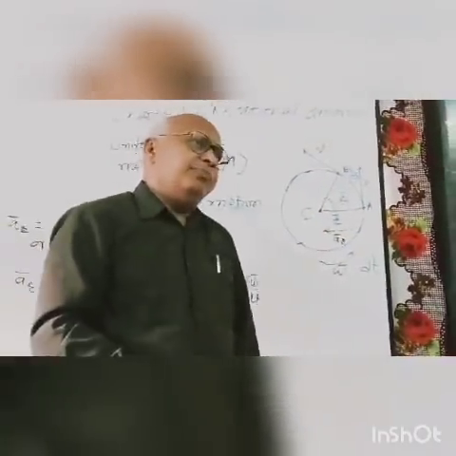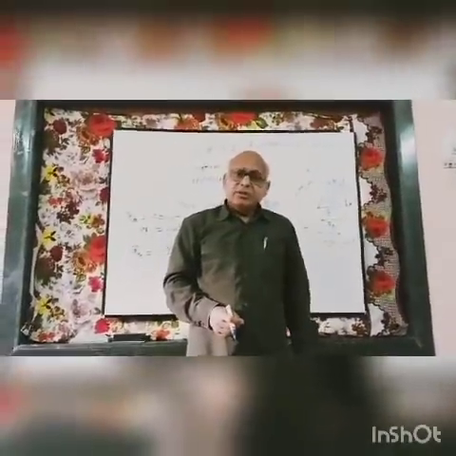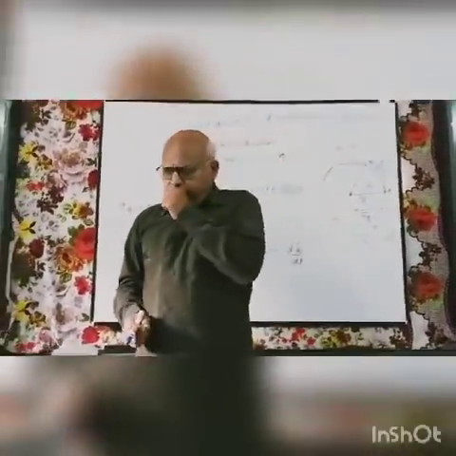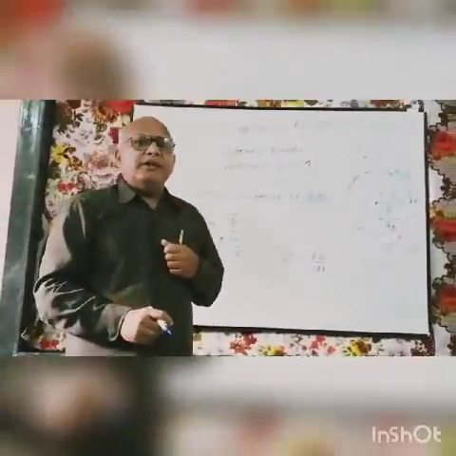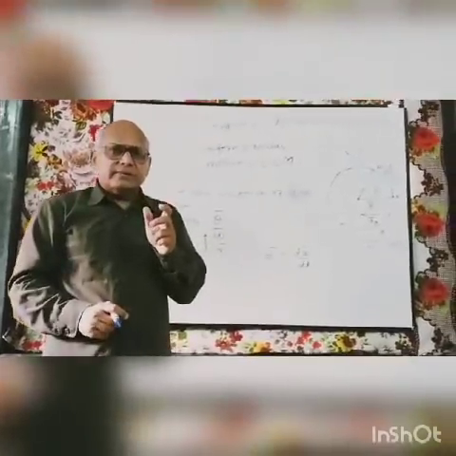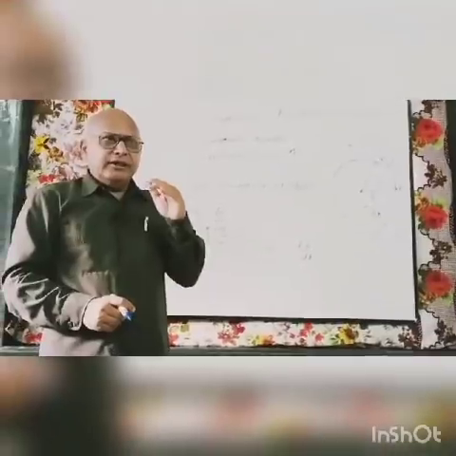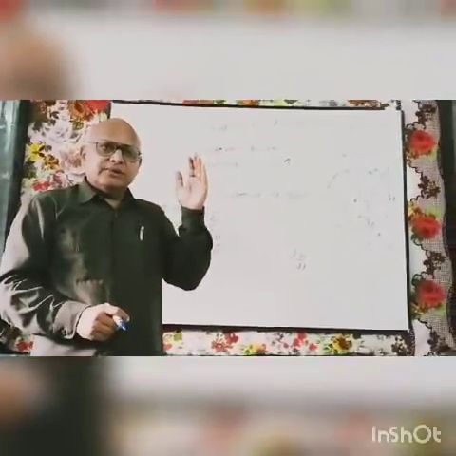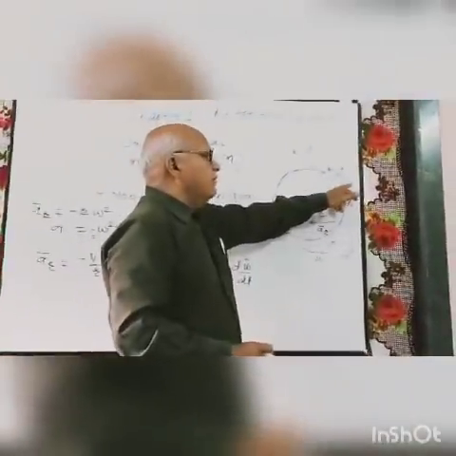For example, if we switch on the fan, the fan does not suddenly attain the maximum speed. The speed of the fan increases slowly. In this case, there is a change in linear velocity.